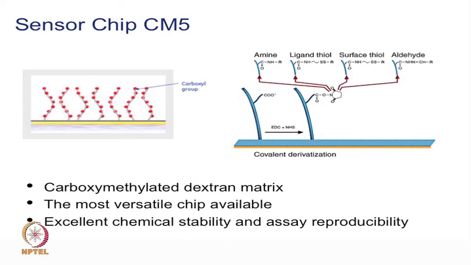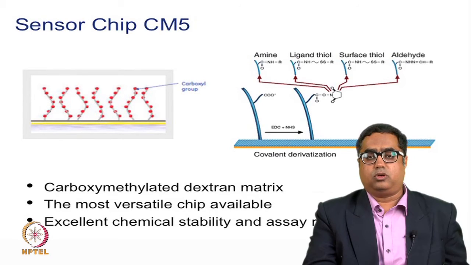To start with, the first chip, and the universally accepted, most used chip, is the sensor chip CM5. CM stands for carboxymethyl, and 5 is a number that shows the amount of branching. If you look at this particular slide, the gold has a glue.